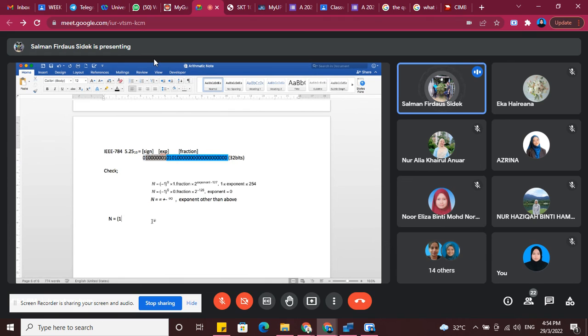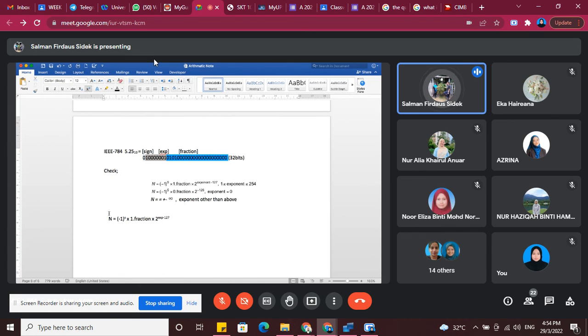So -1 power of s times 1 dot fraction. Fraction here is 0101 and so on. Okay, later we change it into decimal, times 2 to the power of exponent minus 127.